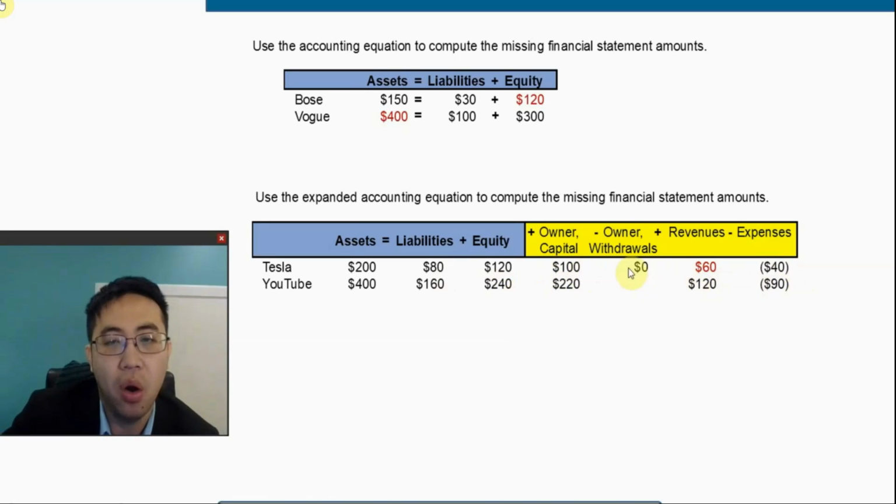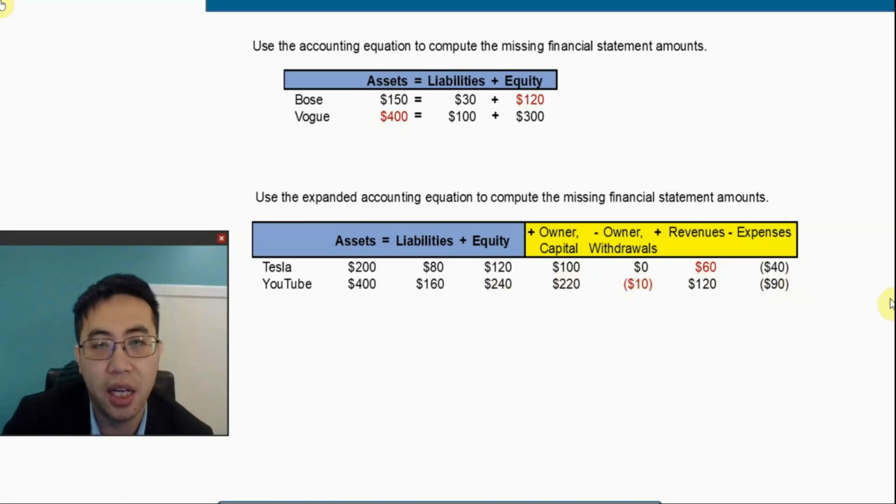So we are solving for owner's withdrawal here. Do you have any idea? I think 120 minus 90 would be 30. 30 plus the 220, that would be 250. So from 250 to 240, the owner's withdrawal should be 10. Okay, and that is a negative number.